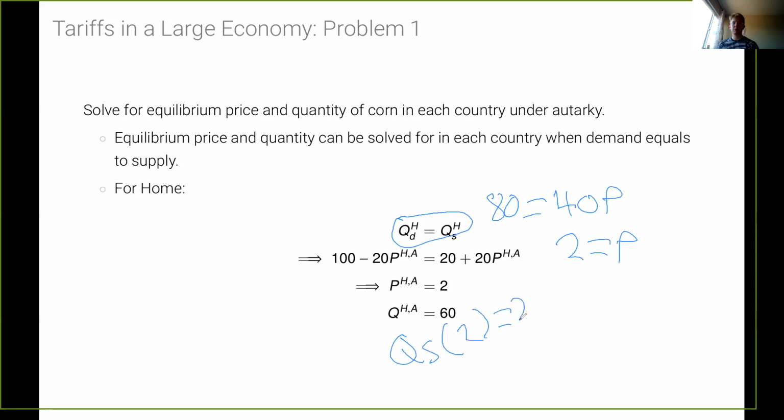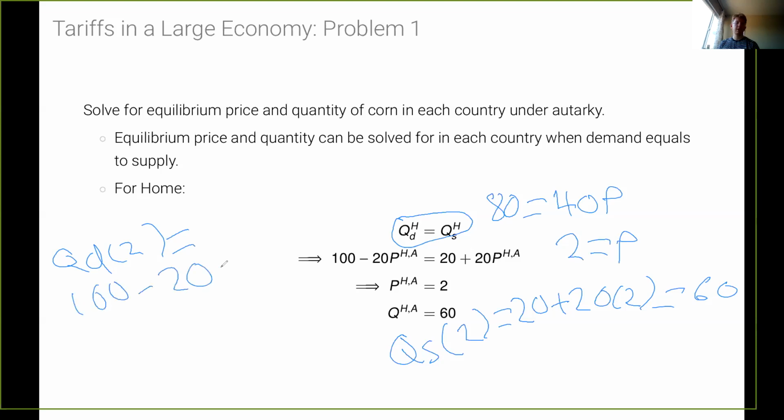That's going to be equal to 20 plus 20 times 2, which gives us 60. Let's confirm that plugging 2 into the demand equation gives us the same answer, which it will. The quantity demanded at a price of 2 is 200 minus 20 times 2. And as we would expect, that also gives us 60.